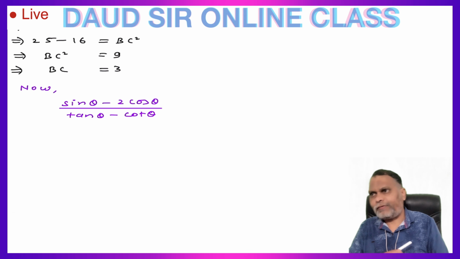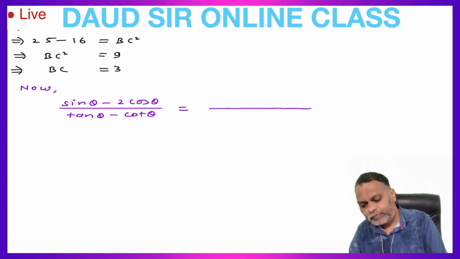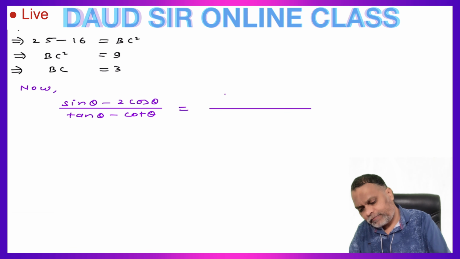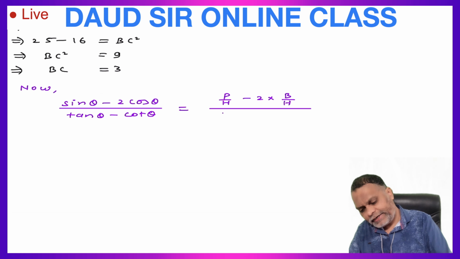Its value we have to find out. Sin theta minus 2 times cos theta upon tan theta minus cot theta, which is equal to sin theta is perpendicular upon hypo, minus 2 into cos theta is base upon hypo, tan theta perpendicular upon base minus cot theta base upon perpendicular.